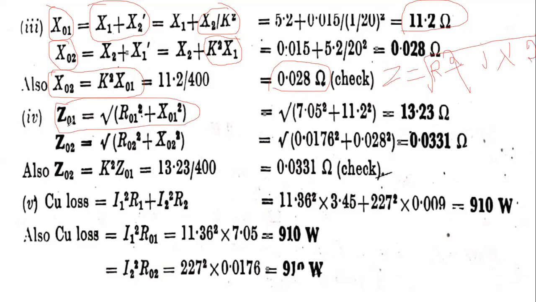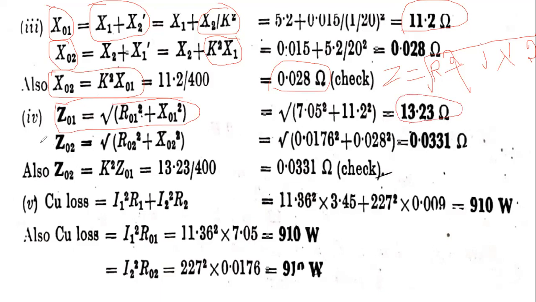Therefore, Z01 is equal to square root of R01 square plus X01 square. Substituting X01 as 11.2 and R01 as 7.05, we obtain 13.23 ohms.